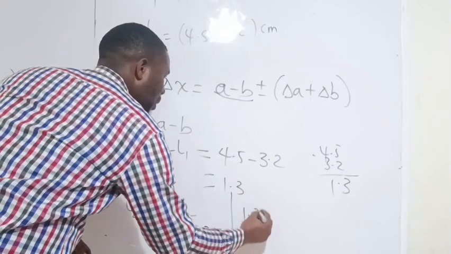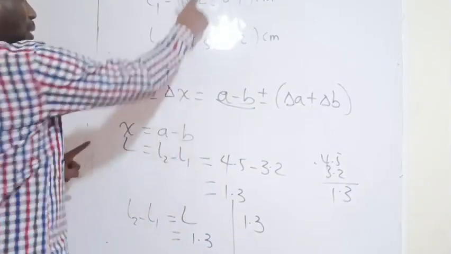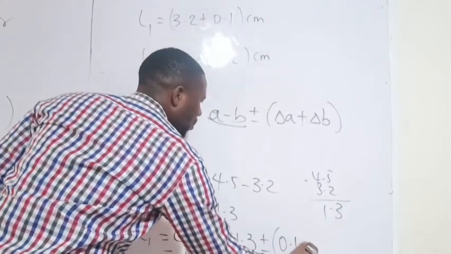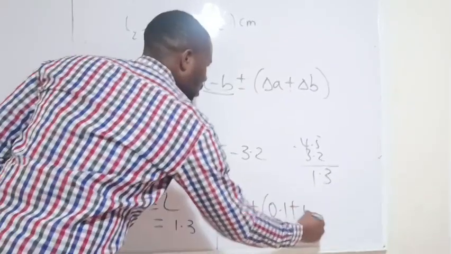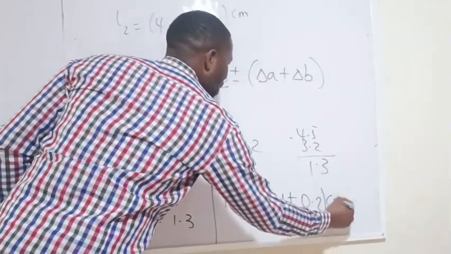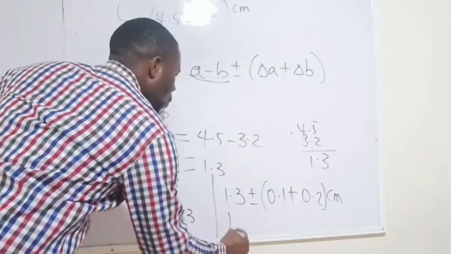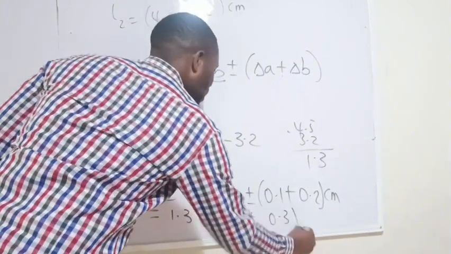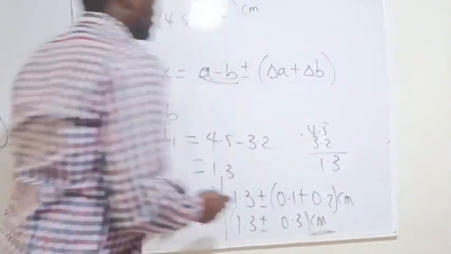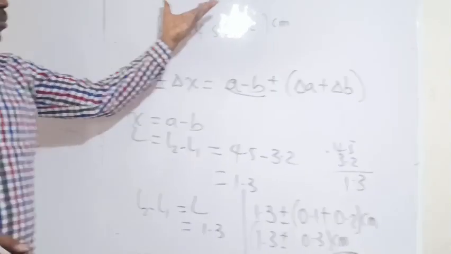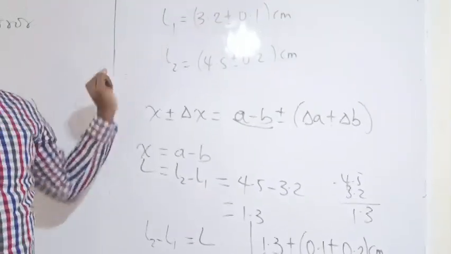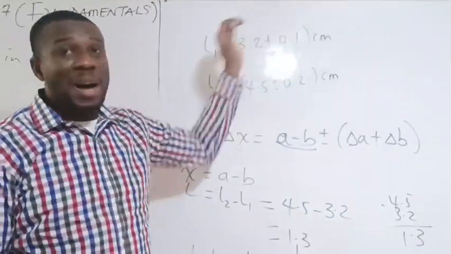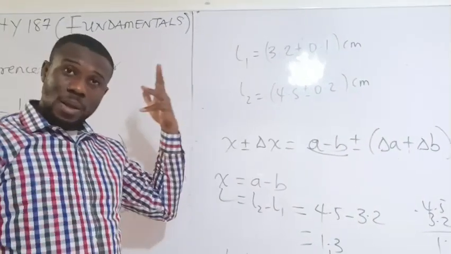So this is 1.3, the difference in the measured length, plus or minus the absolute error: 0.1 plus, then for the second, 0.2. All in centimeters. When you add up, you get 1.3 plus or minus 0.3 centimeters. This is how we report the difference of what you've measured. Just subtract, but always take note that you are adding up the absolute errors, be it for the plus, be it for the minus.